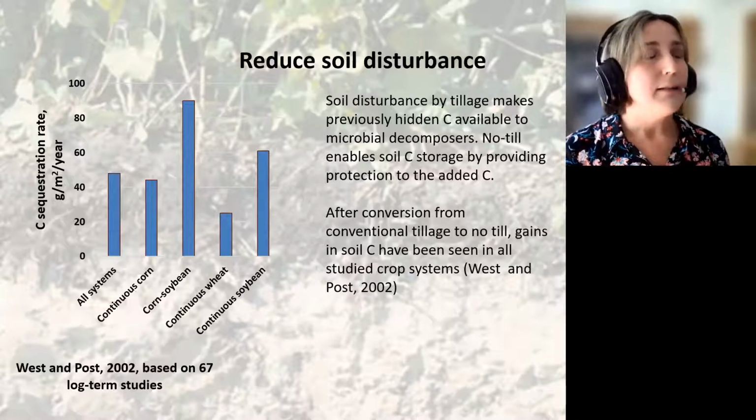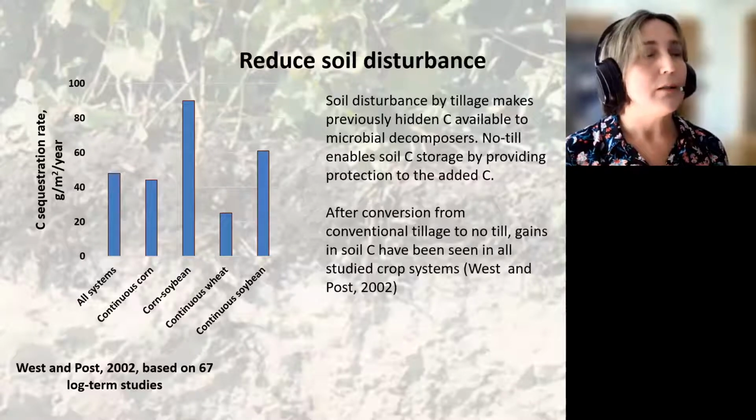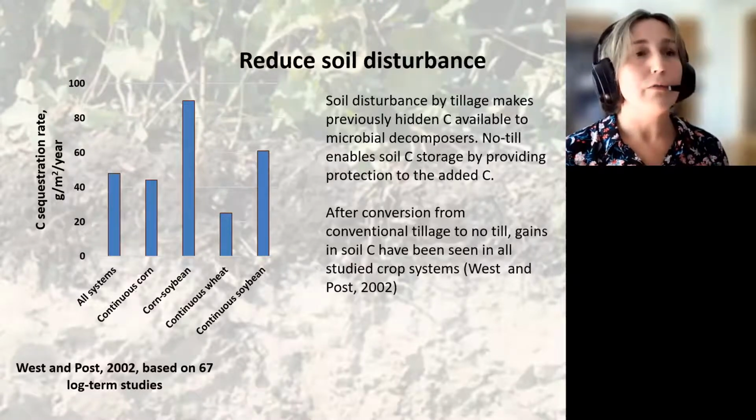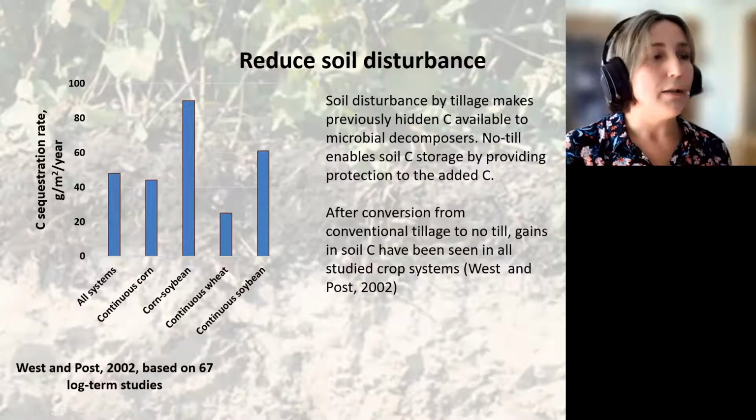Again, here is a summary figure from a review that looked at the effect of conversion from conventional tillage to no-till, based on a very large number of experiments, 67.